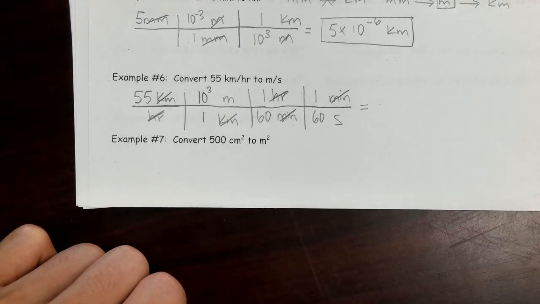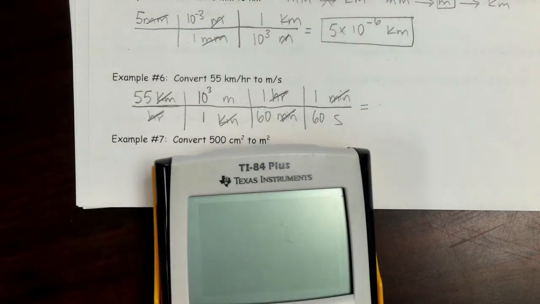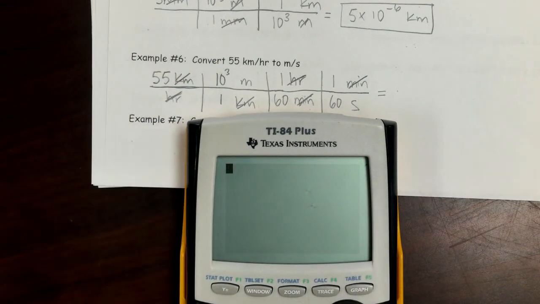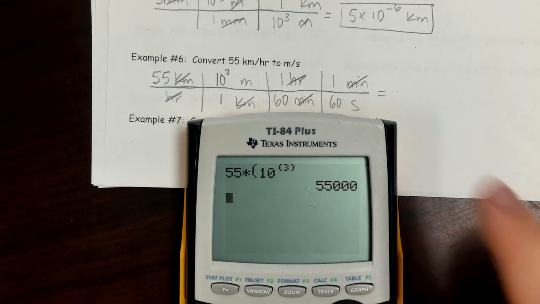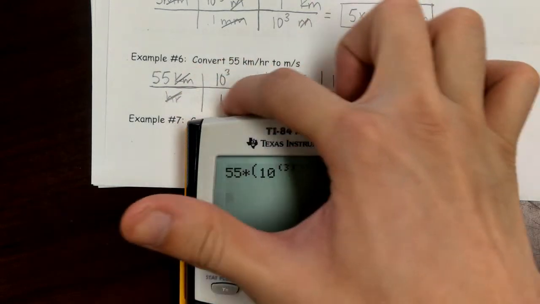So now I can just enter in a calculator because we don't have to do any more conversions. So if I take my calculator, we can do 55 times parentheses 10 to the power of 3, and these are ones, so we're done with that. Now the bottom we divide, right?